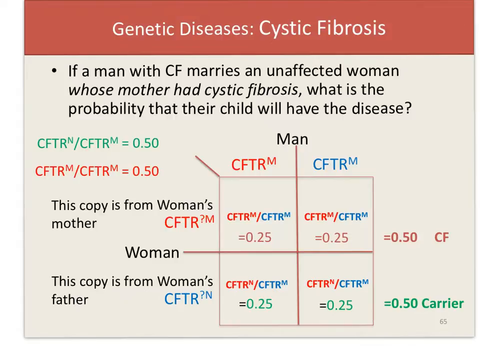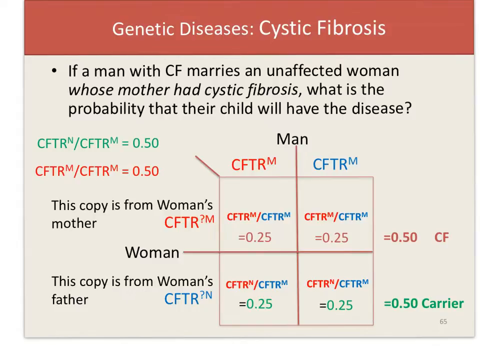Now, remember, the woman's mother had the disease, but the father probably has a normal copy. So that would make her, if you see on the left, heterozygous. 1 normal copy, 1 mutant copy.